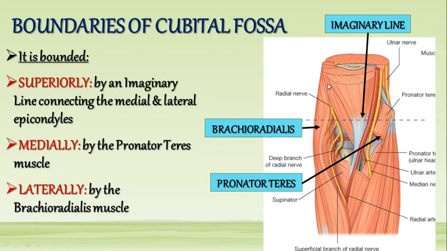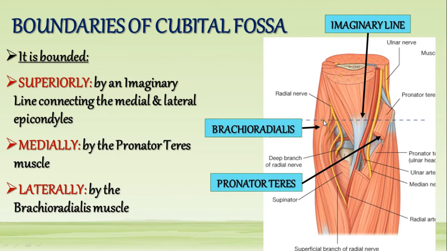Now we will discuss the boundaries of the cubital fossa. As we said, it is a triangular depressed area. It has mainly three boundaries: a superior boundary, a medial wall, and a lateral wall.